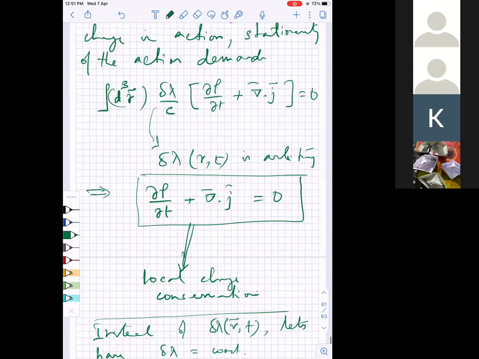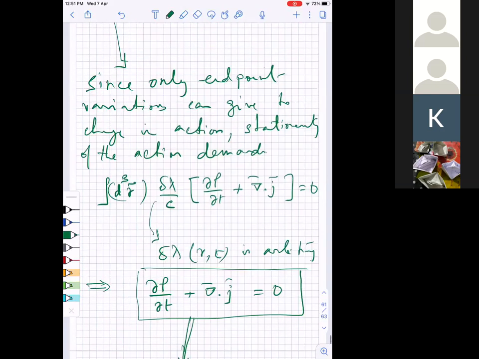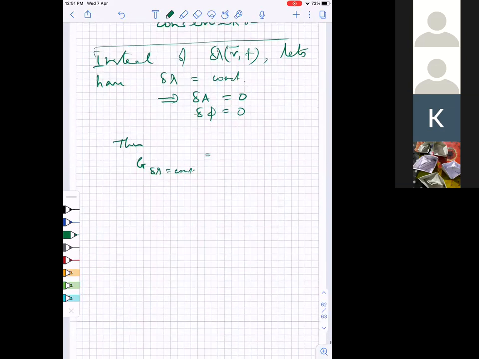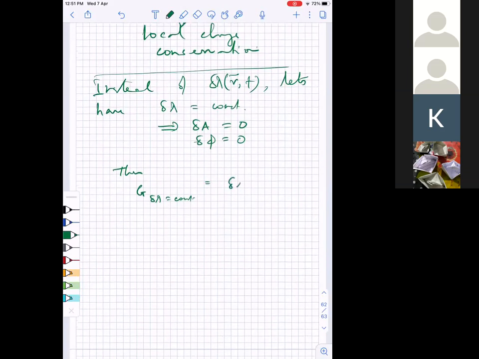In the first equation, G for a constant delta lambda, I can take my delta lambda outside the integral because it is constant. So it becomes delta lambda by C, and then dqr times 0.